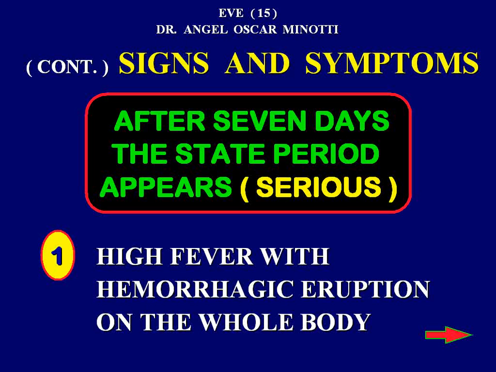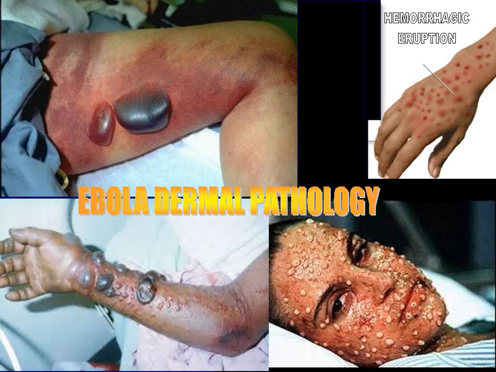After 7 days, the state period appears serious. High fever with hemorrhagic eruption on the whole body. Watch carefully the lesions on the skin.